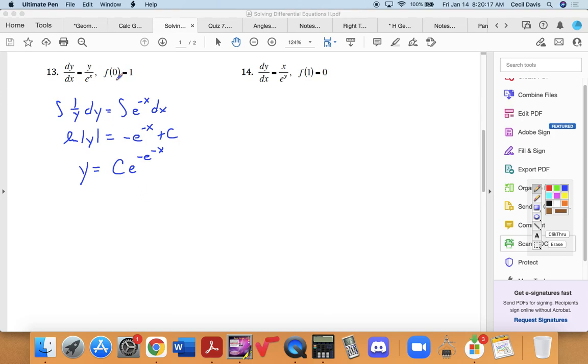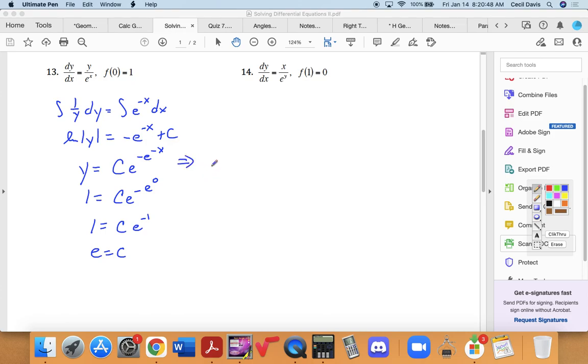So now substituting in x is 0 and y is 1, I have 1 is equal to c e to the negative e to the 0 power. So that's 1 is equal to c e to the negative 1. Multiplying both sides by e, I get e is equal to c.